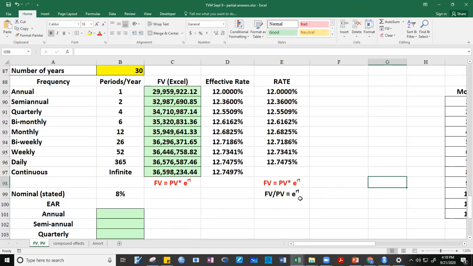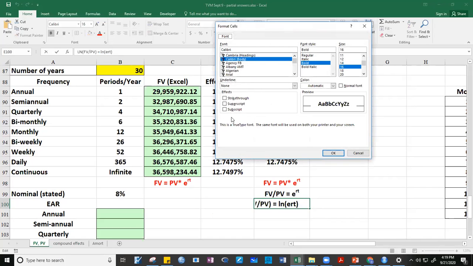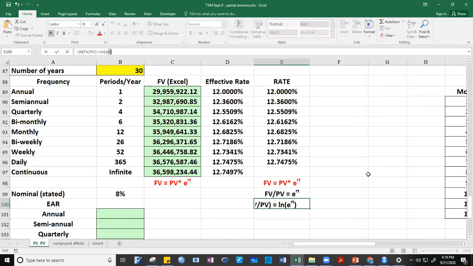So, ang next, paano natin matatanggal si T? Paano natin matatanggal si exponential? The way to do that is get the ln of both. FV over PV is equal to ln e to the rT. Pag kinuha natin yung ln, masisimplify natin yan. Control 1.